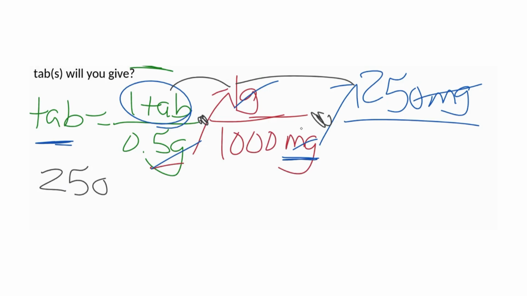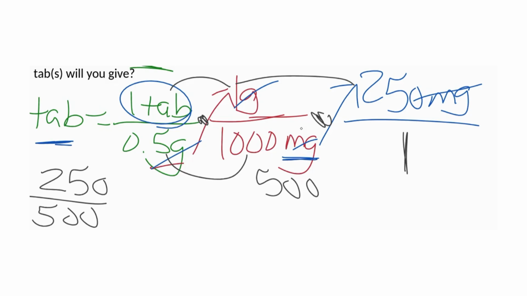Then we're going to multiply the bottom. 0.5 times 1,000 is 500. And we're going to keep multiplying. Remember, put your 1 there if you need to see it. 500 times 1 is 500.